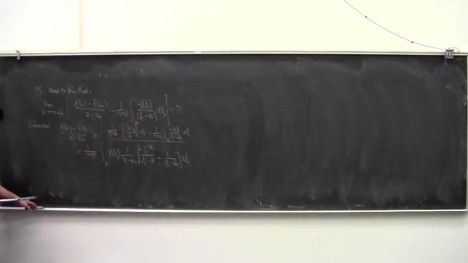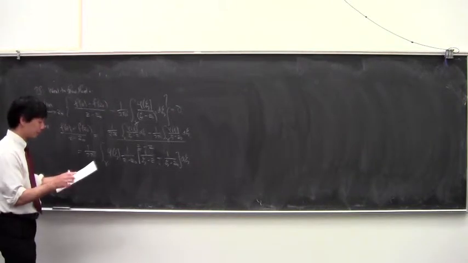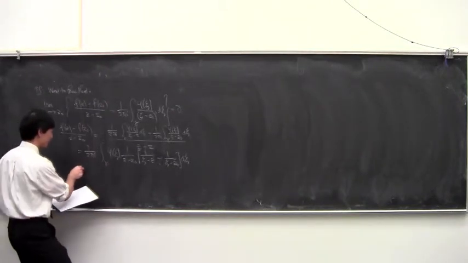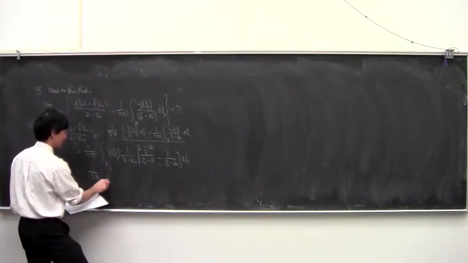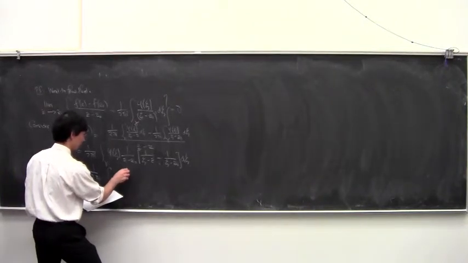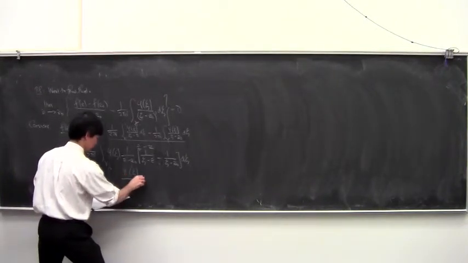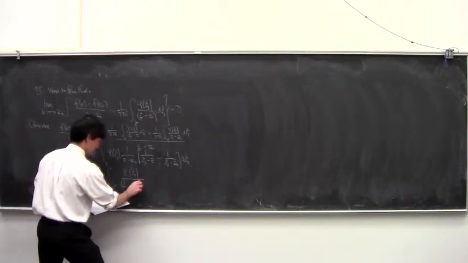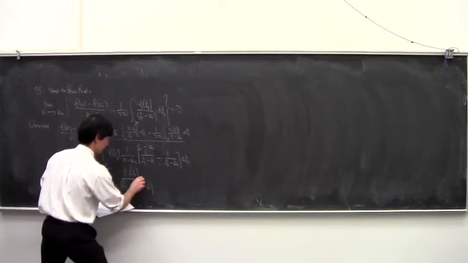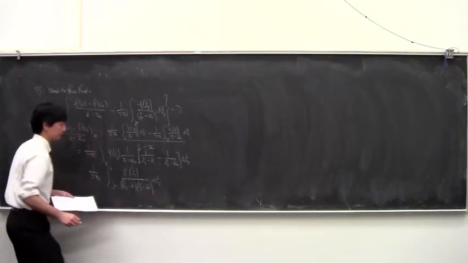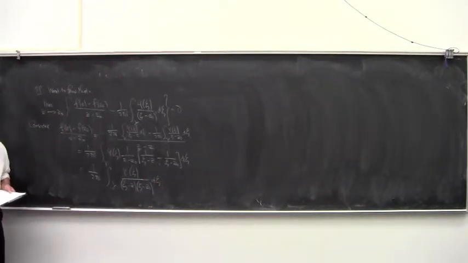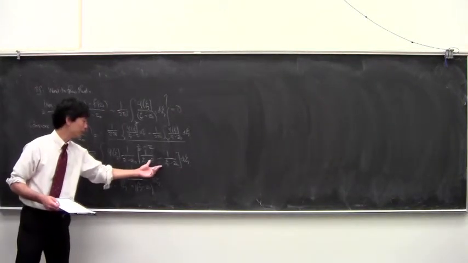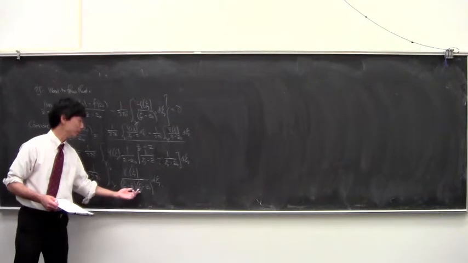Doing some arithmetic, I get phi of zeta over zeta minus z, zeta minus z naught, because when you put these together, you get z minus z naught over the product.